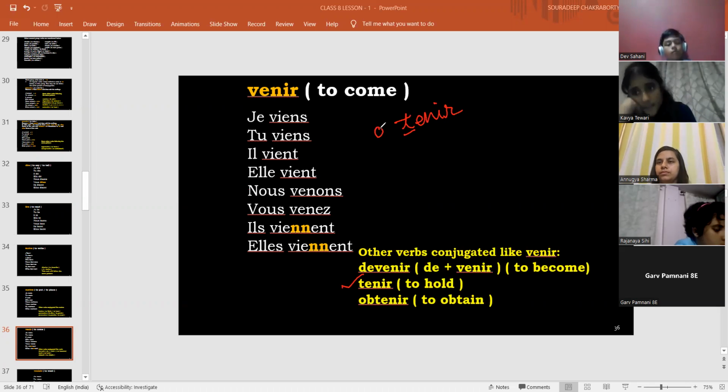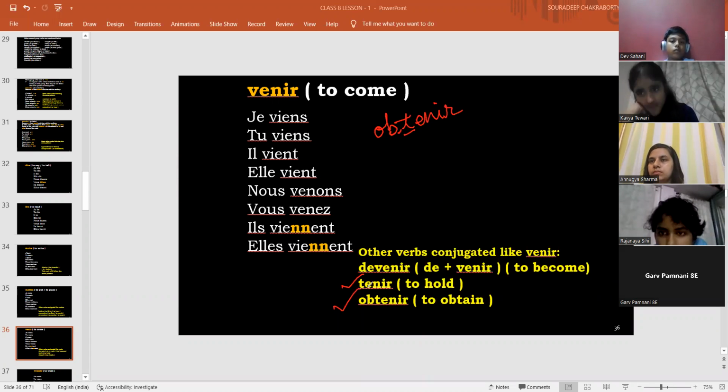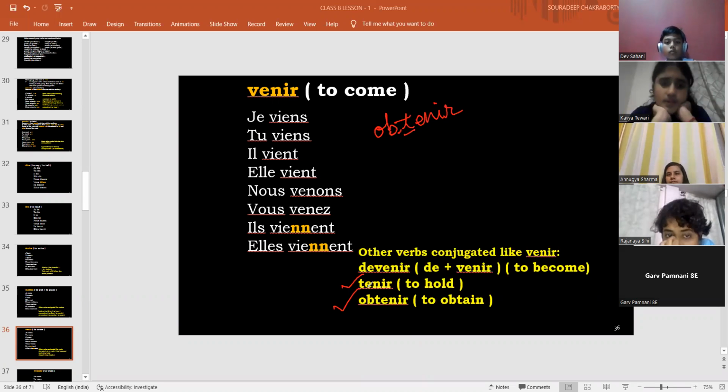Now, if you add O and B beside tenir, it becomes obtenir, to obtain. Is it easy now? If you know the verb tenir, if you know the verb venir, you can do devenir, you can do obtenir. Did you understand?